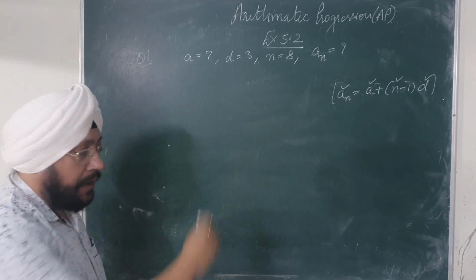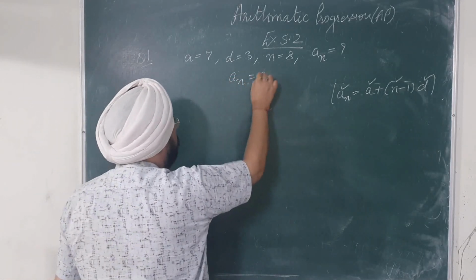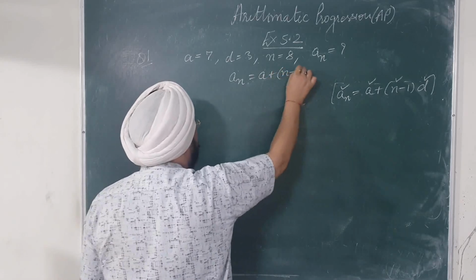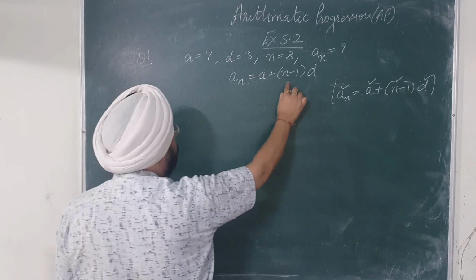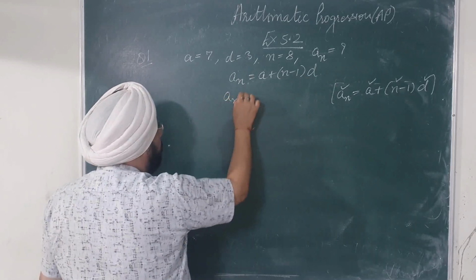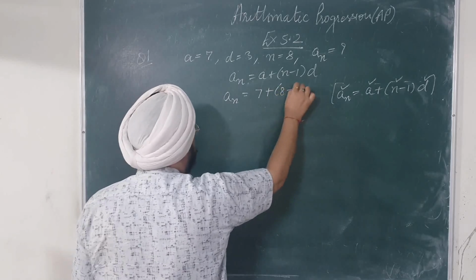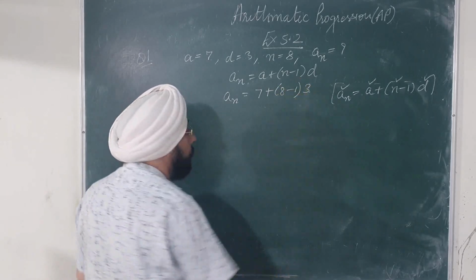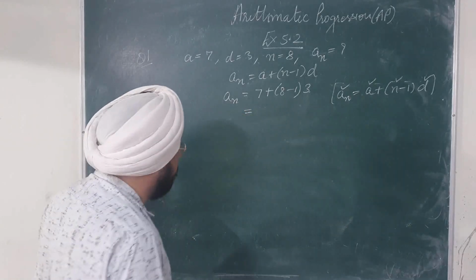So simply what we have to do is apply the formula an = a + (n - 1)d and substitute the values. A is given as 7, n is given as 8, and d is given as 3. So simplify by using the BODMAS rule.